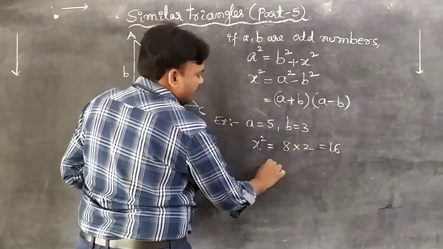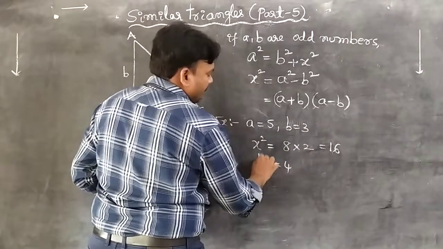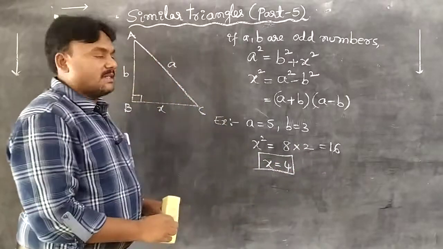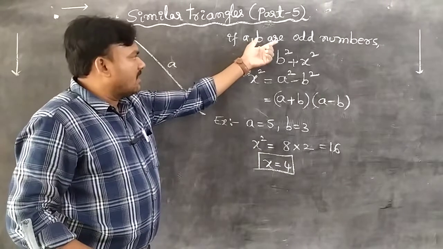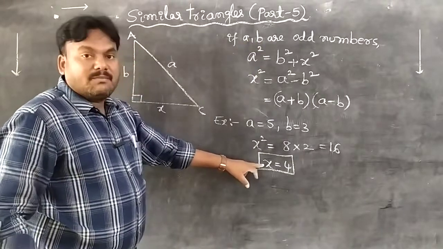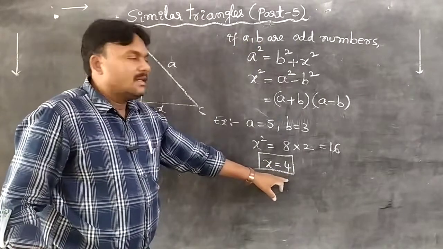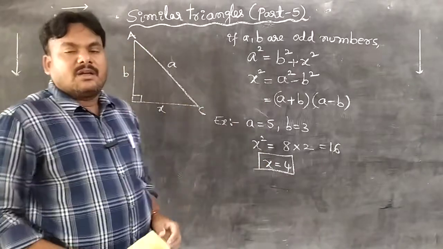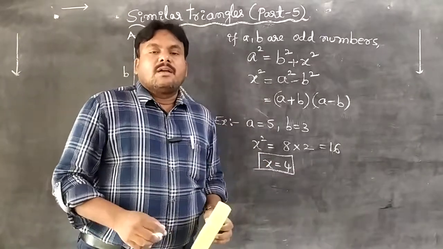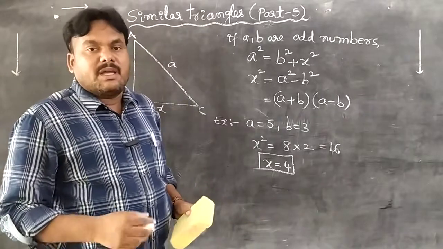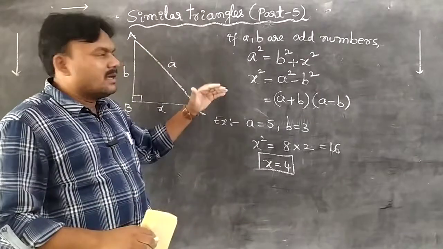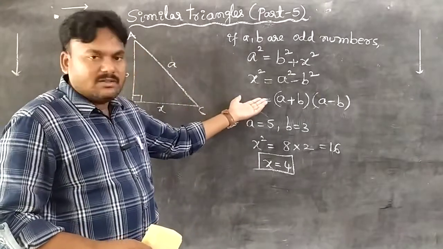X square equals 16, then automatically X equals 4. So here observe, if A comma B are odd numbers, the third measurement must be an even number. So we conclude that for a right angle triangle, one of its measurements must be an even number, by this method or the other method.